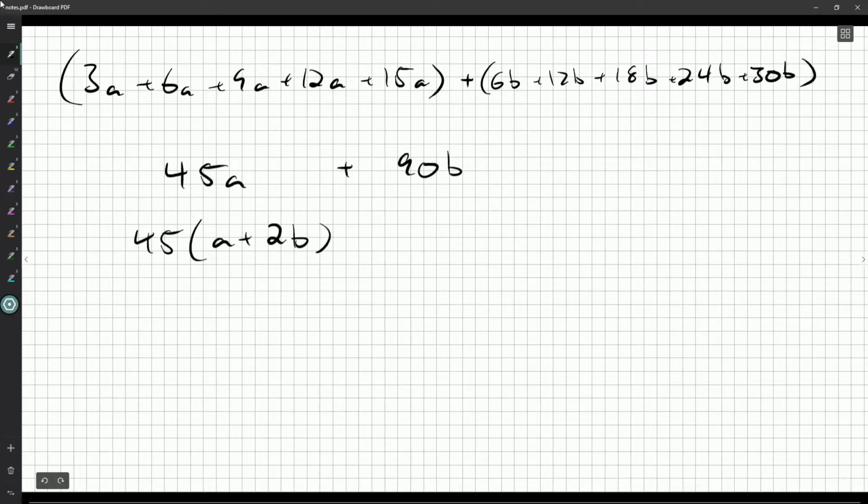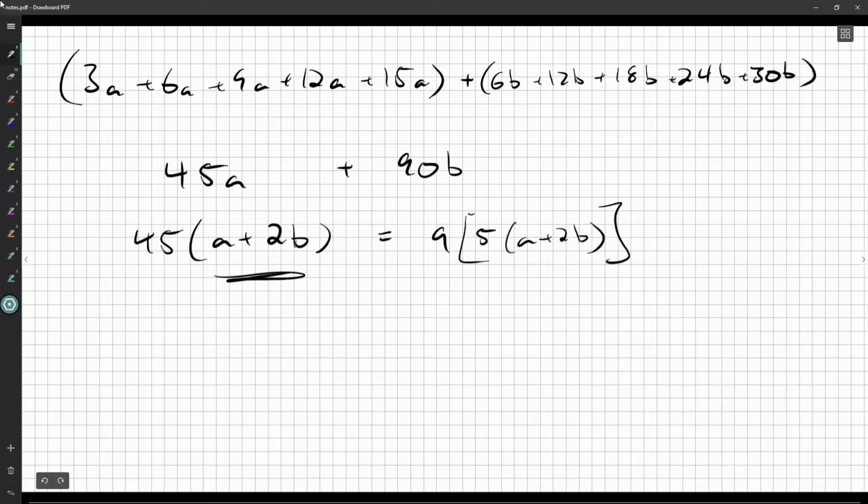Okay? And so now my perfect square needs to be 45 times (A plus 2B). And I can pick lots of different A's and B's to make this almost anything that I want. And we want it to be a perfect square. Well, 45 already has a factor of 9, and that's a perfect square. So we just need to make 5 times (A plus 2B) a perfect square.